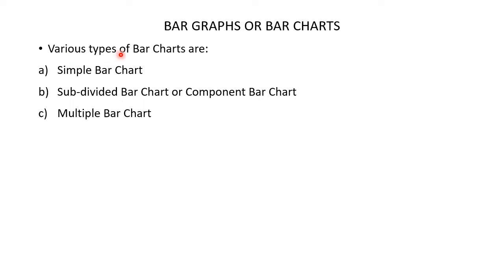Now, there are various types of bar charts like simple bar chart, subdivided bar chart or component bar chart, multiple bar chart. Let's learn about these various types of bar charts in detail.